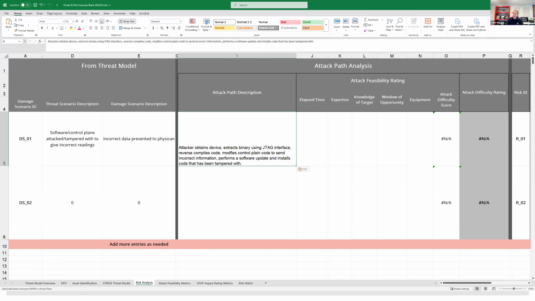That then gives the attacker the opportunity to inspect over time the source code, make changes to it, and essentially design in an exploit into the software, and then perform a software update. And what the attacker would try to do is perform that software update as widely as possible to affect as many devices as possible.